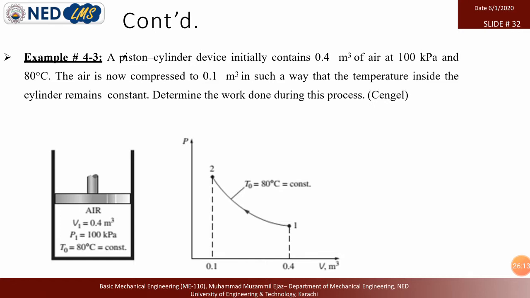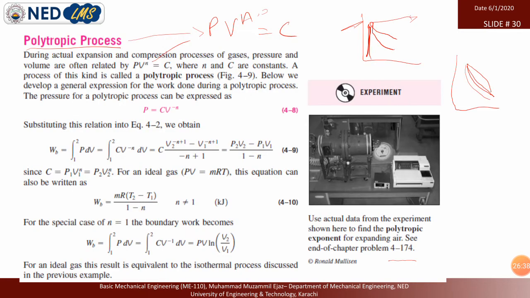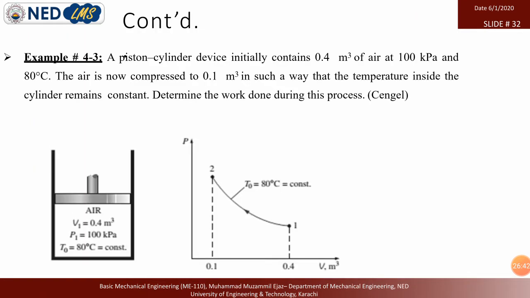So I hope you understand these processes and how they change, what the polytropic process is, and by changing the polytropic index, how the process path will change. And in real practical life, an experimental machine calculates the polytropic index or polytropic exponent. Both words can be used in thermodynamics.